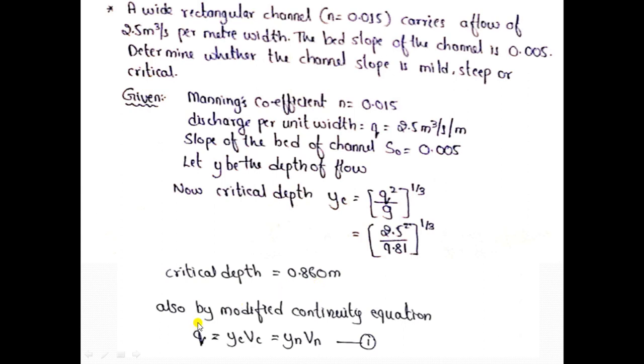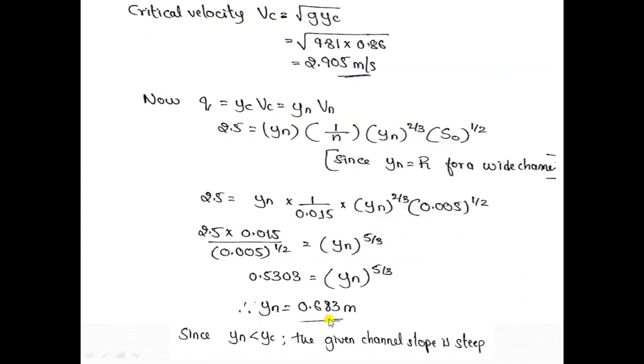Also, if we use the modified continuity equation, discharge per unit width q is equal to yc vc is equal to yn vn. Here the critical velocity vc is equal to under root of g yc. If we simplify, we get 2.905. Using this value of vc, we can find Vn.